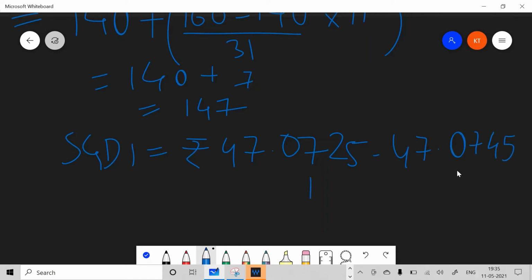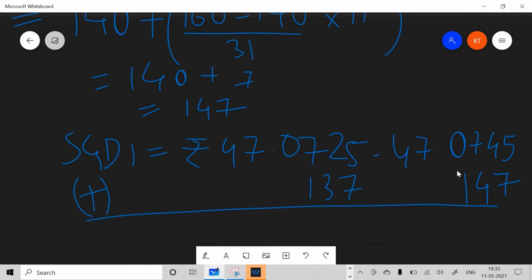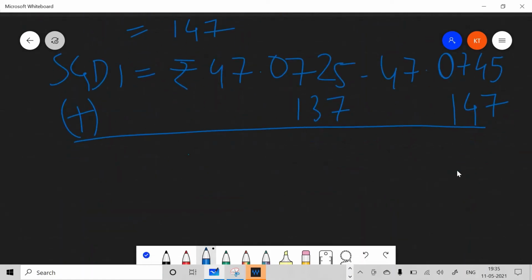For bid we had 137 pips as the premium, and for ask we have 147, and when we solve we should get 47.0862, 47.0892. I hope this is clear as to how you find a broken period forward rate for any date which is in between.